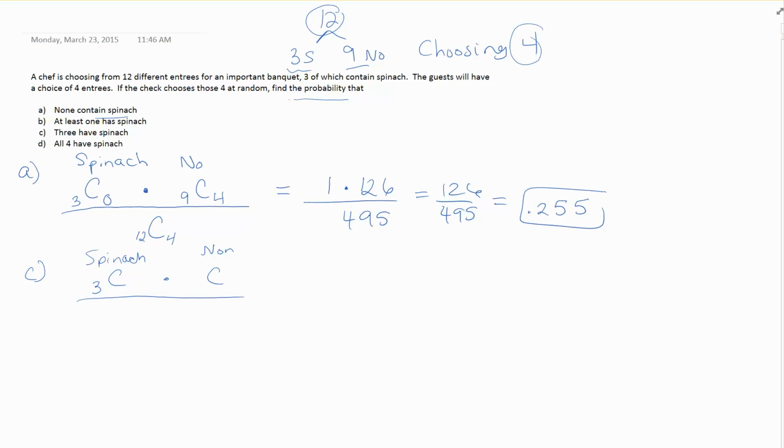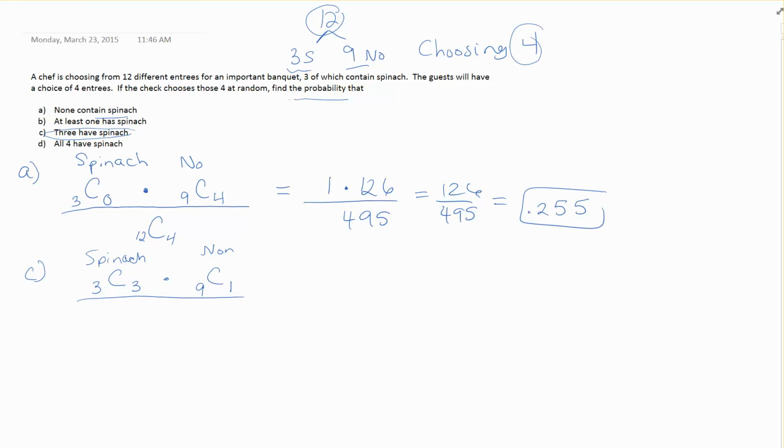And if I want to have 3 spinach, then I'm going to choose all 3. So 3 spinach to pick from, choosing 3. Now remember that we are picking 4 total entrees though. So that means if I'm picking 3 with spinach, then I have 1 entree left that's going to be a non-spinach. And how many non-spinach entrees do we have? There's 9. 9 choosing 1.